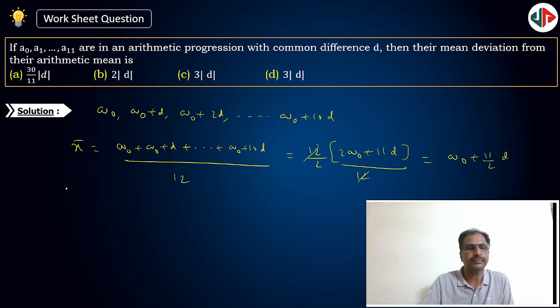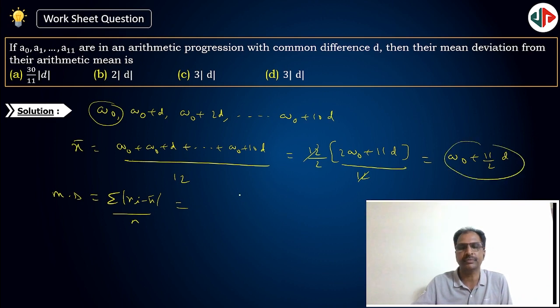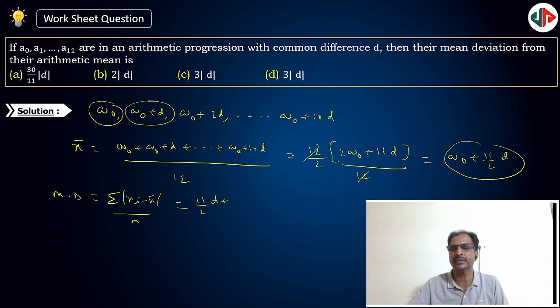This is x̄. How to find the mean deviation? Σ |xi − x̄| by n, which means |A0 − (A0 + 11d/2)|. So you will get 11d/2. Next, |A0 + d − (A0 + 11d/2)| gives 9d/2.